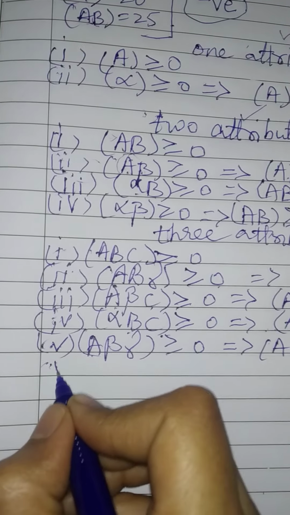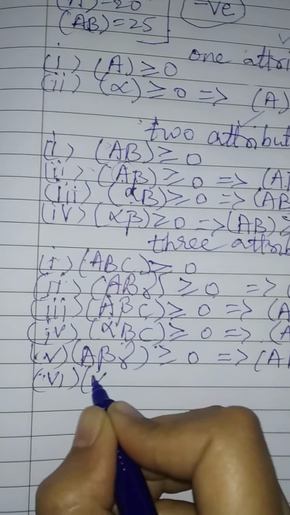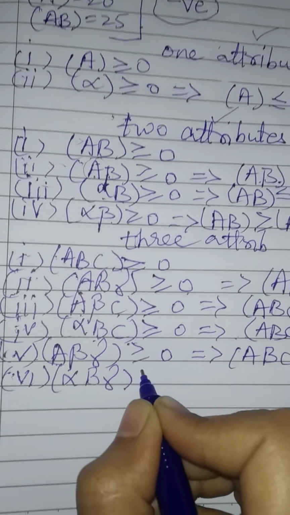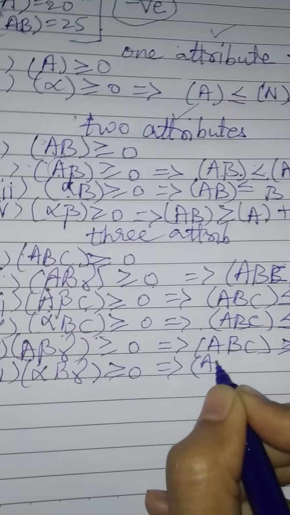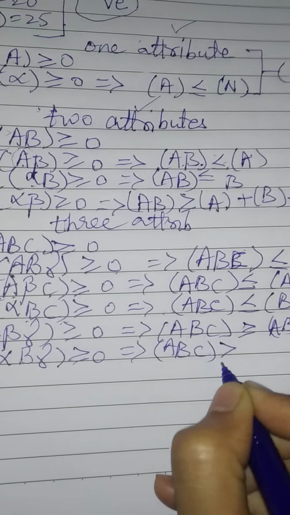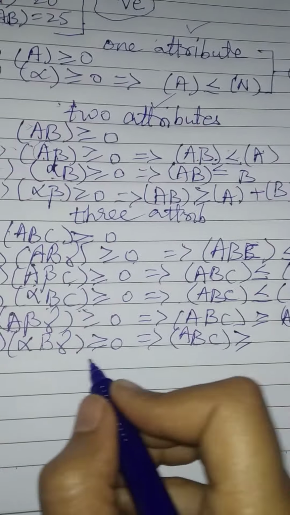If you have something like this, it will be AB plus BC minus A. Sixth one, if you have alpha, B and gamma greater than or equal to 0, implies the same ABC will be greater than or equal to, here it is opposite, here it is same, what is left, students? B, no?